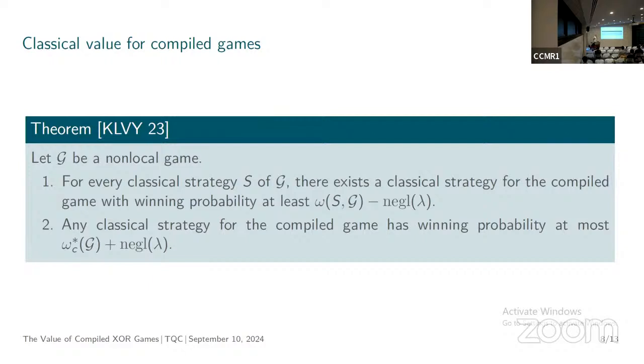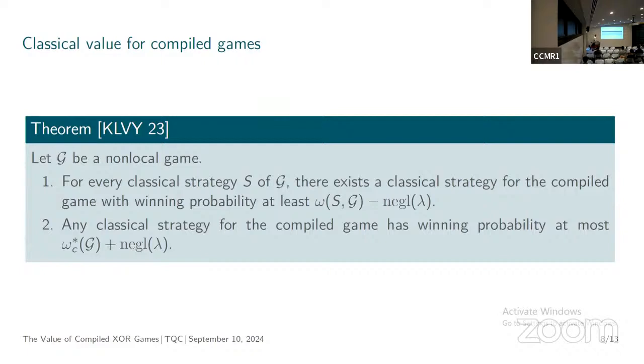So what I show is that if I take a non-local game and use this compilation procedure, then for every classical strategy for the non-local game, I can also find a classical strategy for the compiled game that has at least the same winning probability up to a negligible function. So this is nice, I can basically compile every classical strategy.